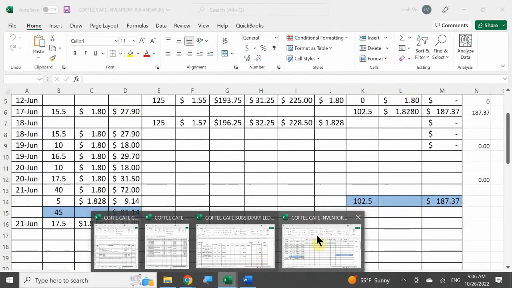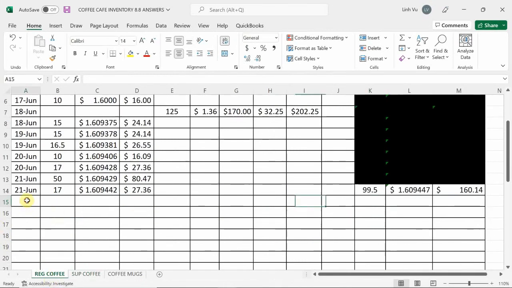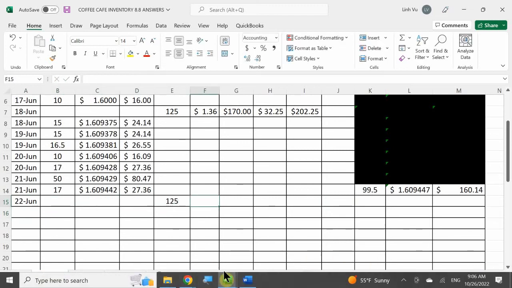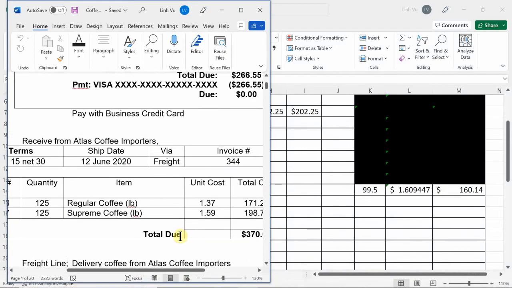Okay, so now the inventory worksheet. We're adding our coffees in here, starting with regular. We did 125 pounds, and it will be at 1.609447.